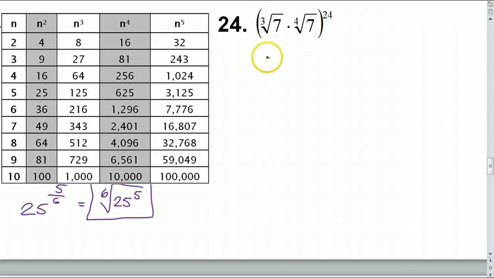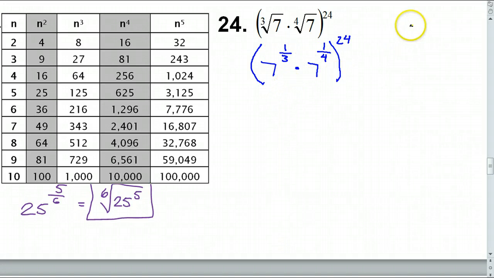Okay, so in exponent form, this would be 7 to the 1/3 power times 7 to the 1/4 power. Okay, so that's all going on inside the parentheses, which are to the 24th power. Now, when we multiply numbers with exponents, we add the exponents and keep the same number.